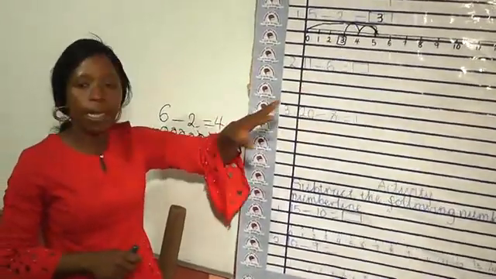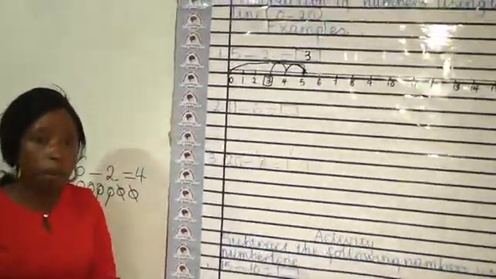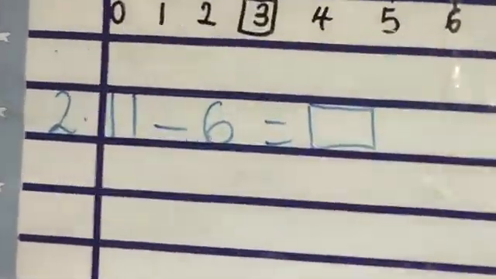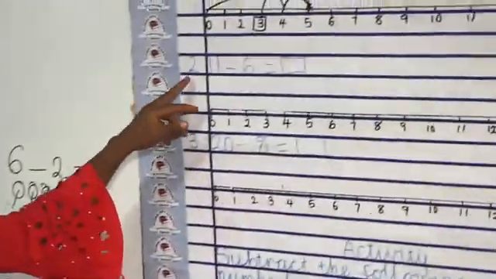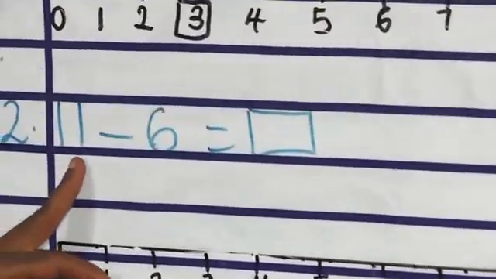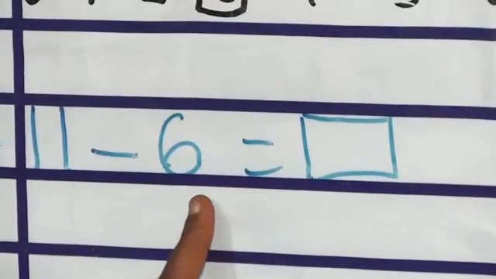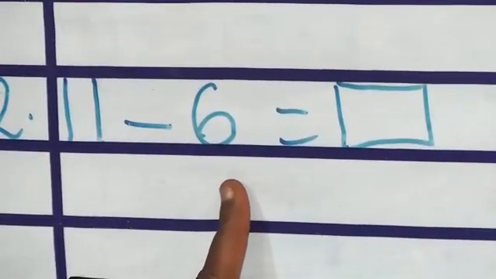Okay? Now the next one is 11 minus 6. We'll form our line again. Okay? You pick your ruler. Let's look at the second example. Okay? We have 11 minus 6.